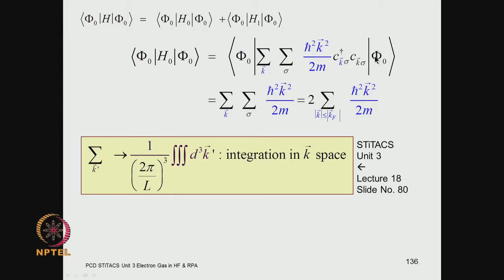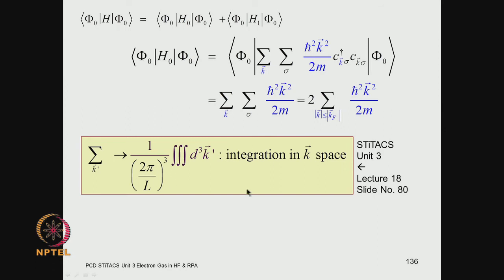Now, the other thing we are going to do: because we have a quasi-continuous discrete spectrum, we have done box normalization of the plane waves. The summation over k, as we saw earlier in the 18th lecture of unit 3 of this course, is completely equivalent to integration in momentum space.